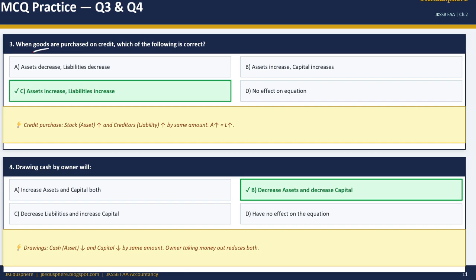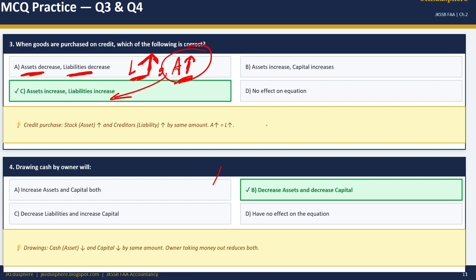So when goods are purchased on credit, which of the following is correct? Liability will increase and asset will also increase, right? Goods are purchased, so we got some goods, we got some stock, so asset will increase, liability will increase.